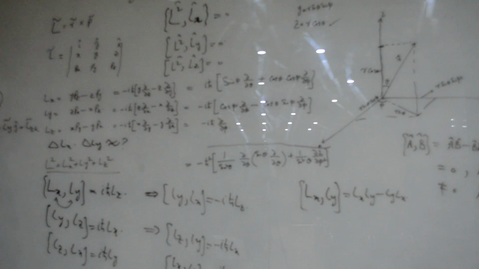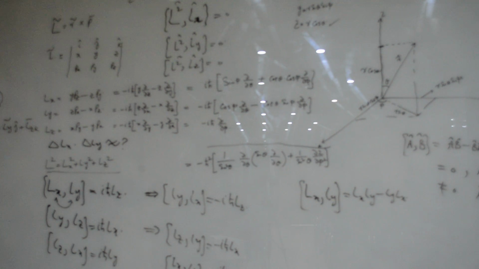Okay, Lx with Ly does not commute, but Lx commutes with L square. Ly commutes with L square. Lz commutes with square of L, and it means if you are making measurement on L square and any one of the components of angular momentum, then they commute. What does it mean?